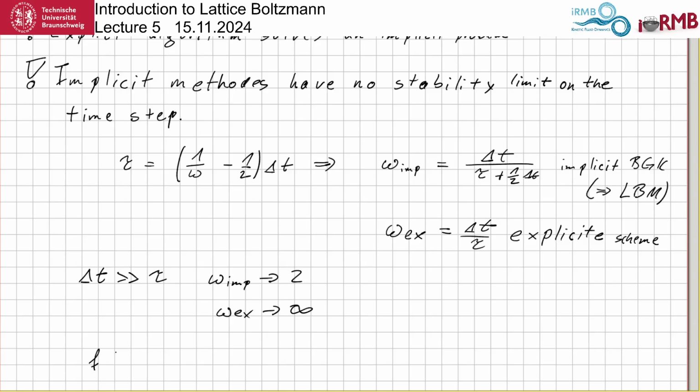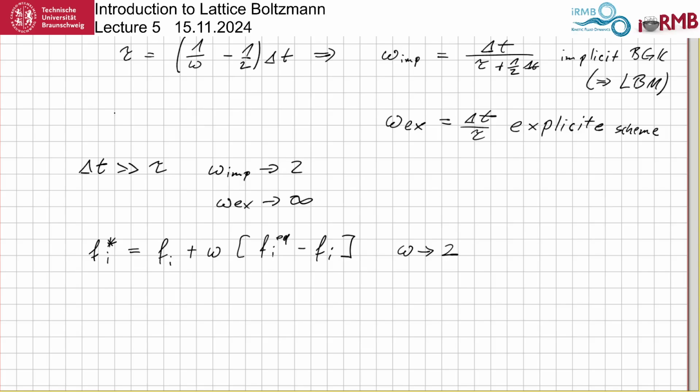Let's look at our actual collision operator. That looks like this. We have Fi after collision is the Fi before collision plus omega times Fi equilibrium minus Fi before collision. Say we put omega in the range of 2, then what we end up with is that our Fi after collision is 2 times Fi equilibrium minus Fi.